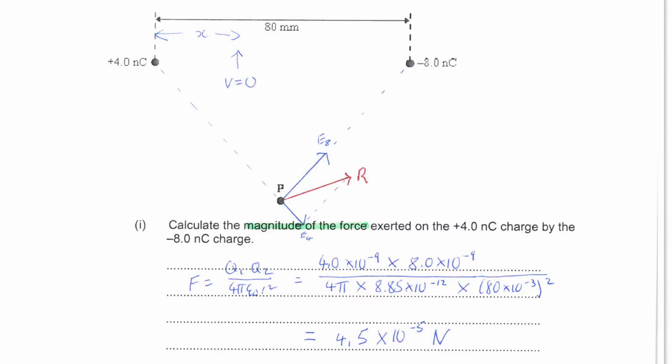This is a very straightforward question, simply applying Coulomb's law to the situation. Just be careful to keep with standard units, however, because they have been used in the value of permittivity, so we need to have our separation in meters, which we have done here. So that leads to 4.5 times 10 to the minus 5 newtons.